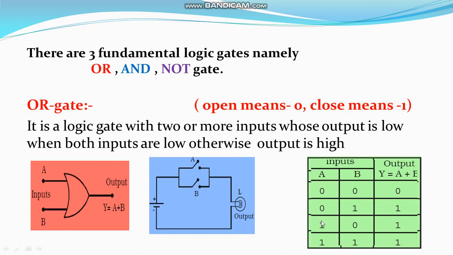Next, A is closed and B is open, then also the bulb glows, so the output is 1. When both switches A and B are closed, then also the bulb glows, so the output is 1. So in one line, when both inputs are 0, the output is 0, otherwise the output is 1.